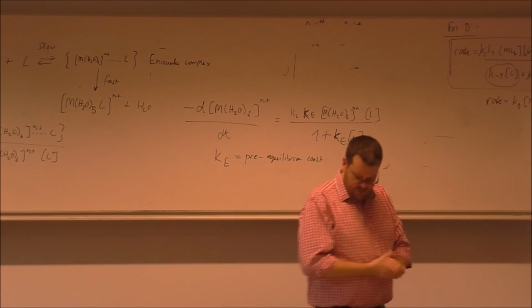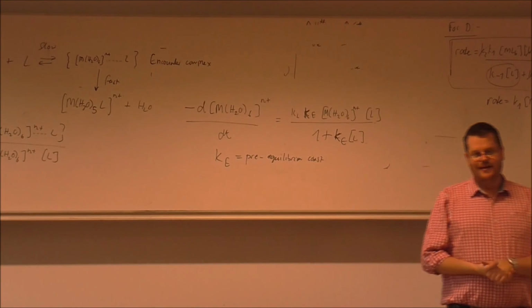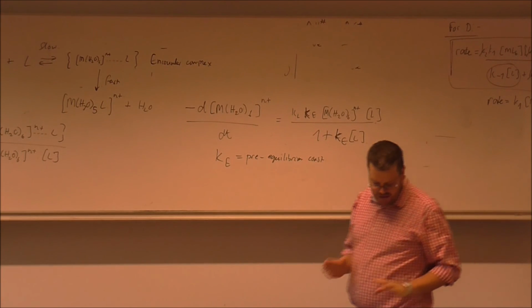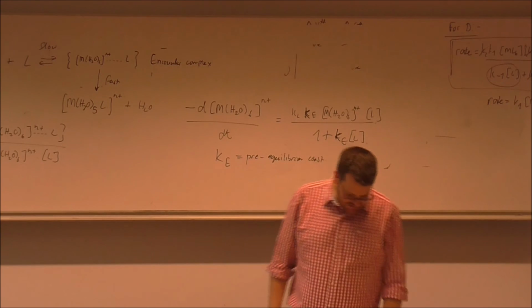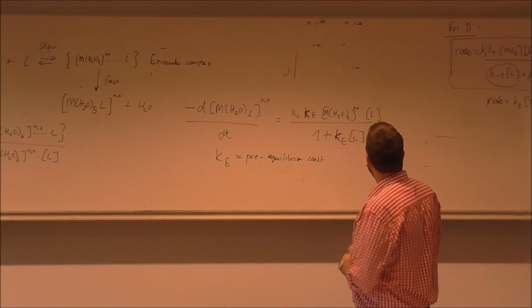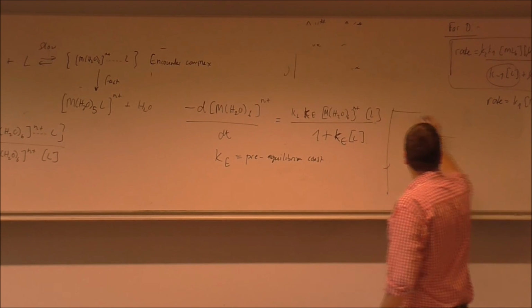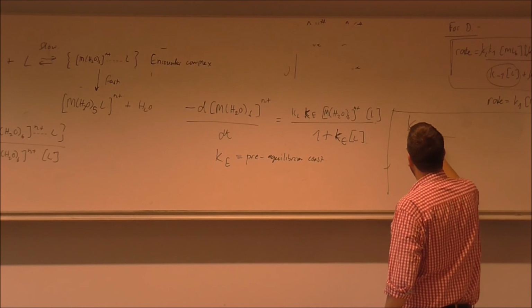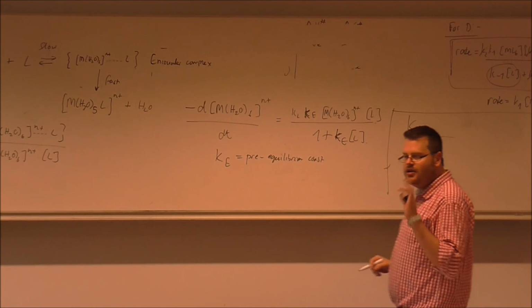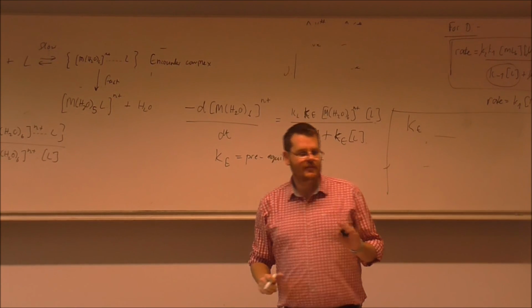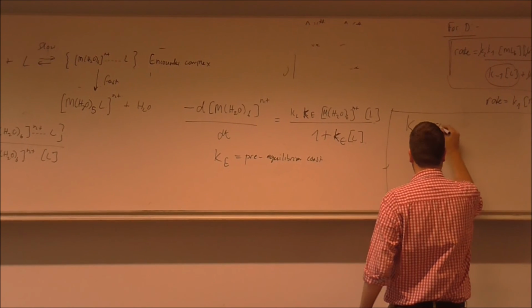Now the question is, how do we do that? Well, we can't do it experimentally, unfortunately. But what we can do is evaluate the Ke value. The pre-equilibrium constant can be found numerically by something called the Eigen-Fuoss equation.